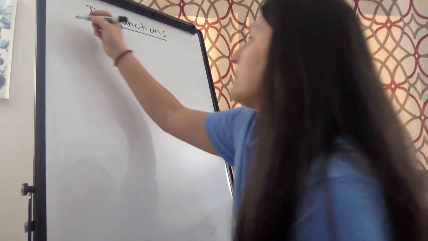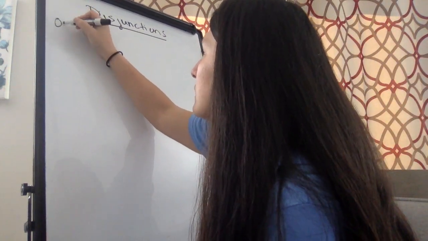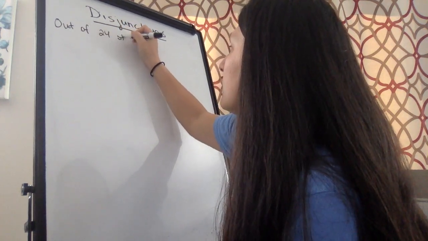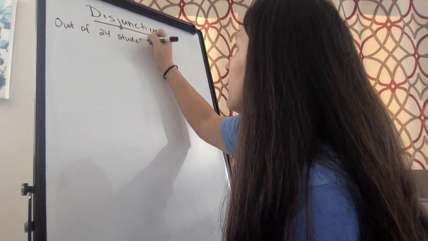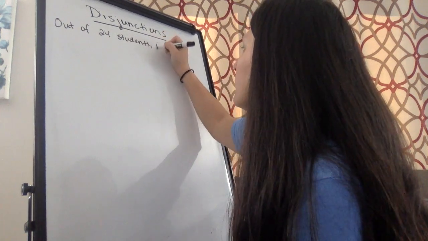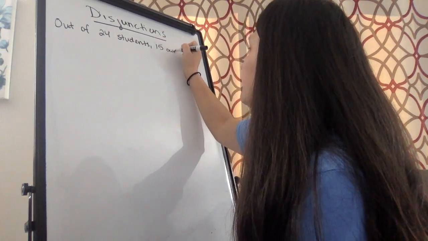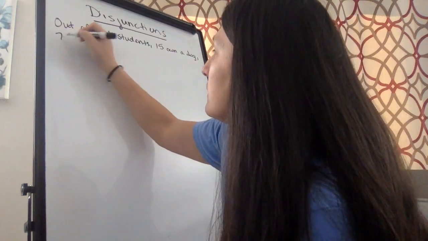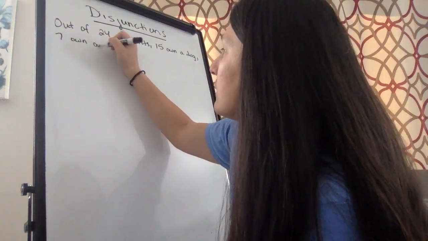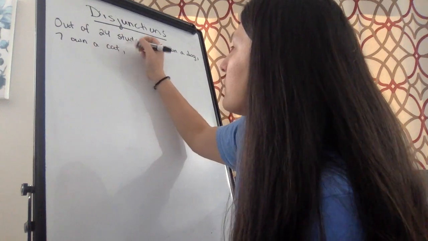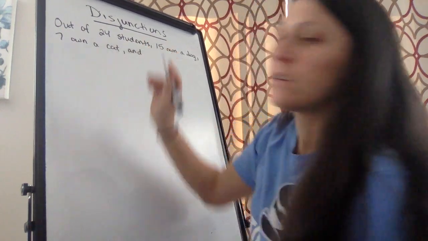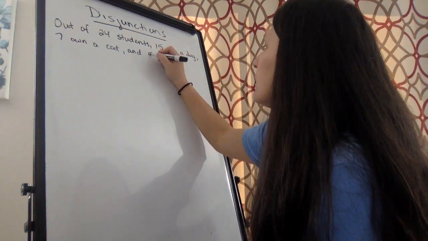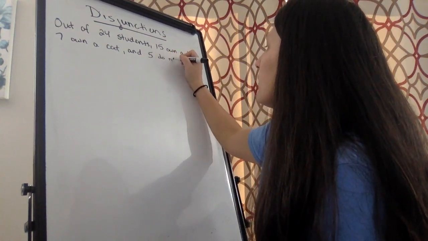So let's say out of 24 students, 15 own a dog. 7 own a cat. And 5 do not have any pets.